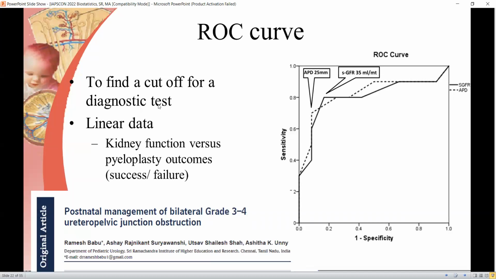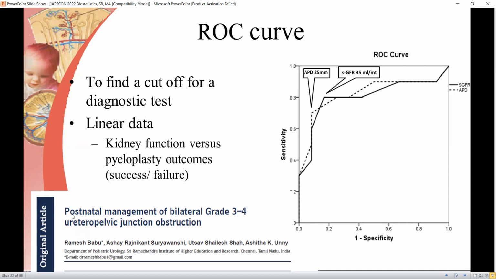For example, you have a test where multiple values are being generated, like kidney function versus pyeloplasty outcome. You want to look at success or failure, and then you can say what kidney function is going to give you a success or failure.